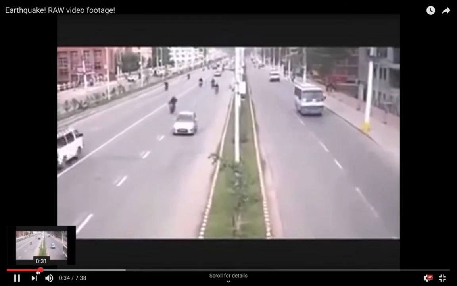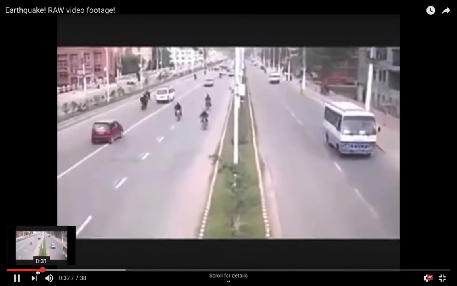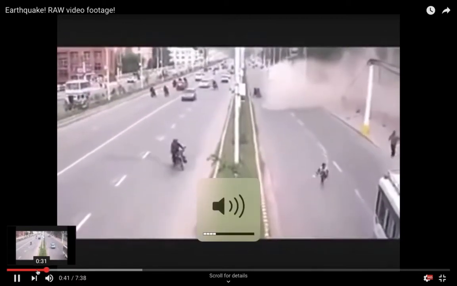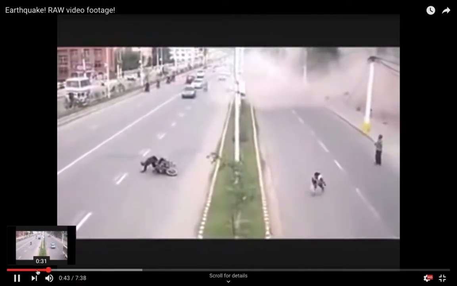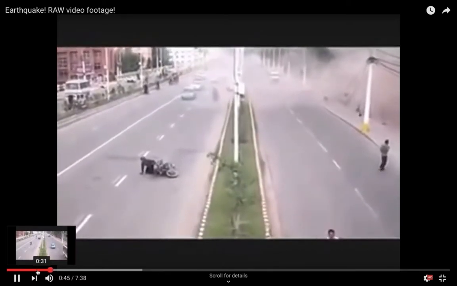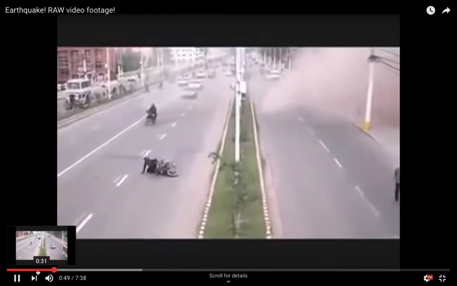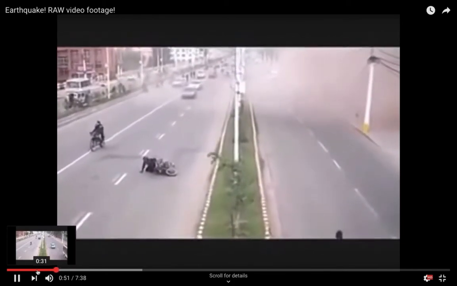So you can see the rumbling there on the street. The building just fell. People can't stand up. It looks funny that the bike fell over, but the road is literally moving from side to side.